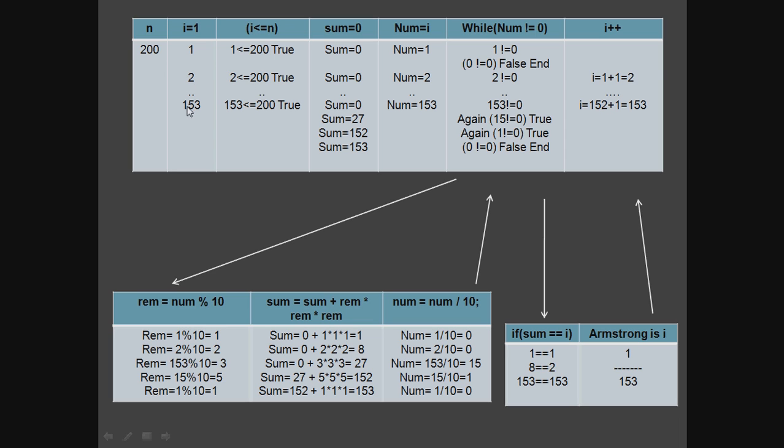But in the case of this one, since there are 3 digits, all three are tested, and then you get 153. Finally you get the output 153 equals 153, which is an Armstrong number. This is how you get the Armstrong numbers between 1 and 200.